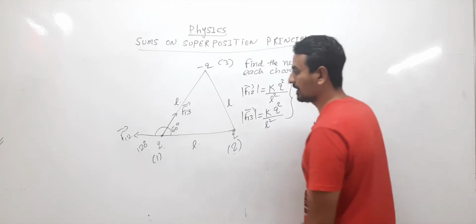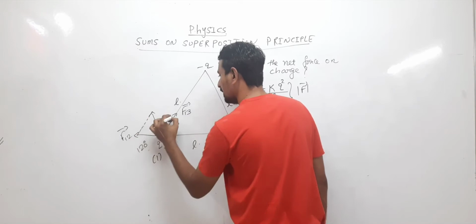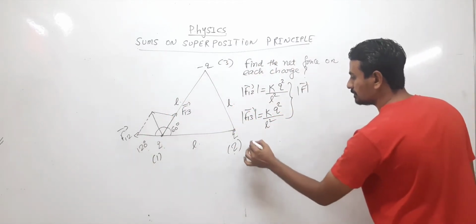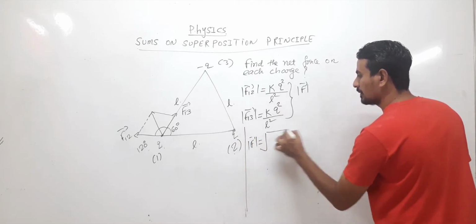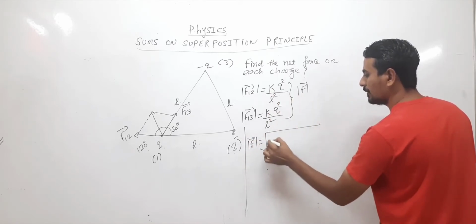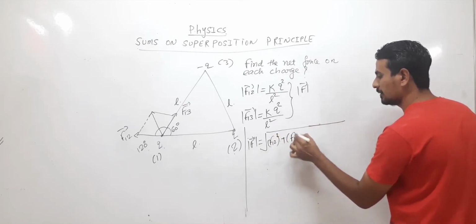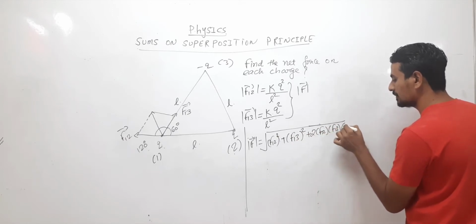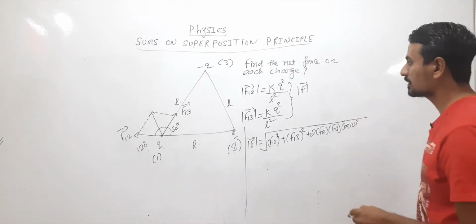Clear? So the resultant will be this way, parallelogram, right? So the resultant force magnitude wise will be the root of F12 the whole square plus F13 the whole square plus 2 F12 F13 cos 120. I have used the formula root of a square plus b square plus 2ab cos theta, right?